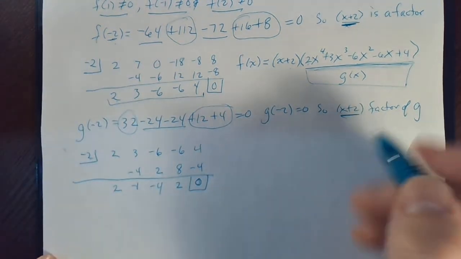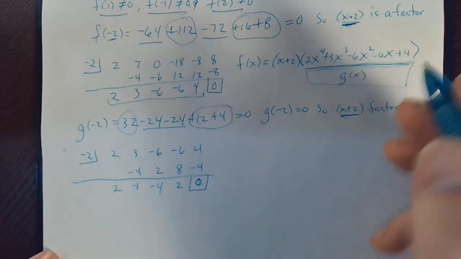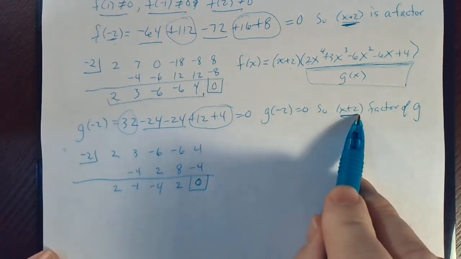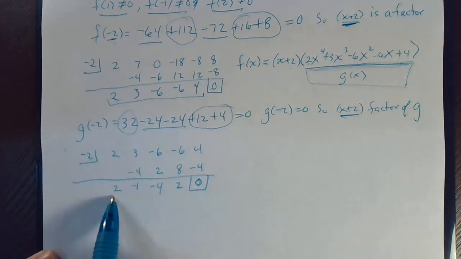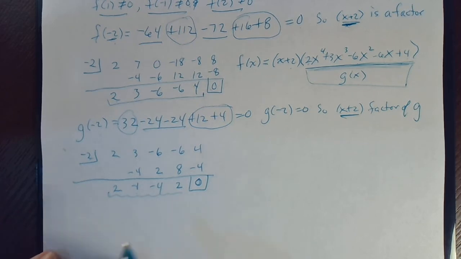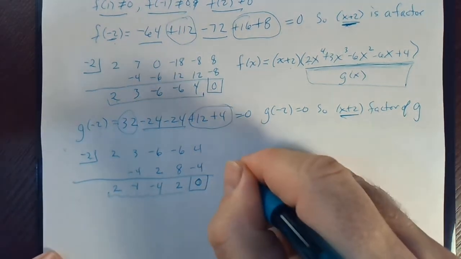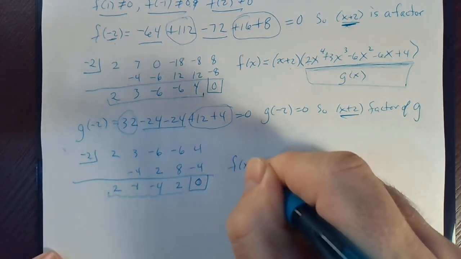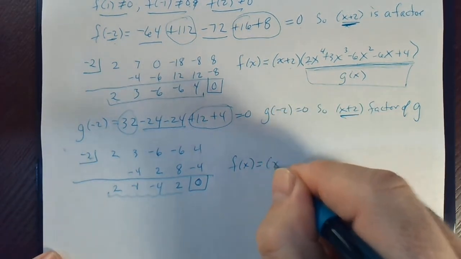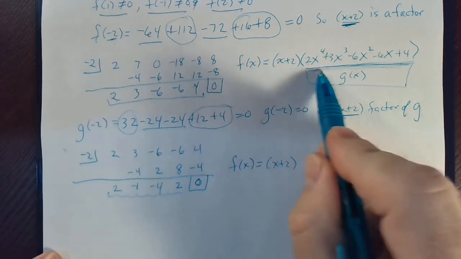So that means I could write g of x as being x plus 2 times this polynomial. But instead of writing g, I think I'm going to write f. F of x is this x plus 2 times g of x.